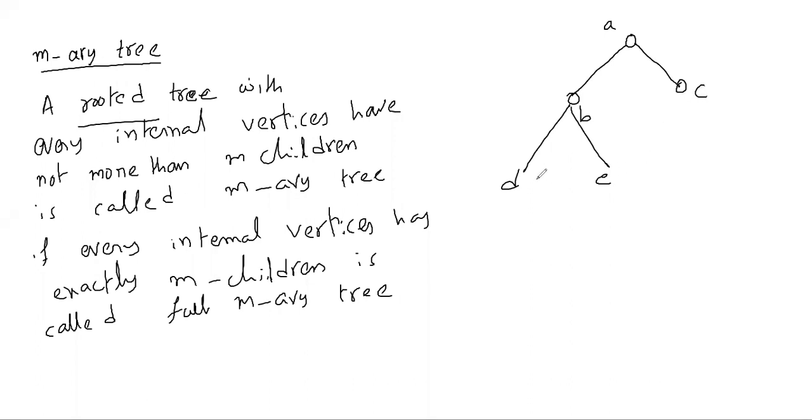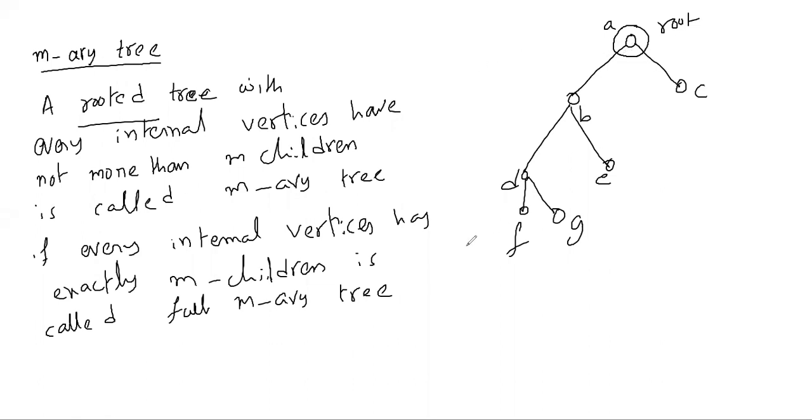Somewhere E, next somewhere F. Now, what is a rooted tree? In the given tree, one of the vertices is designated as a root. Here A is a root. This is a rooted tree.